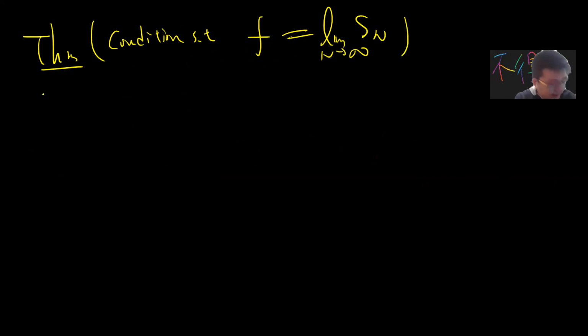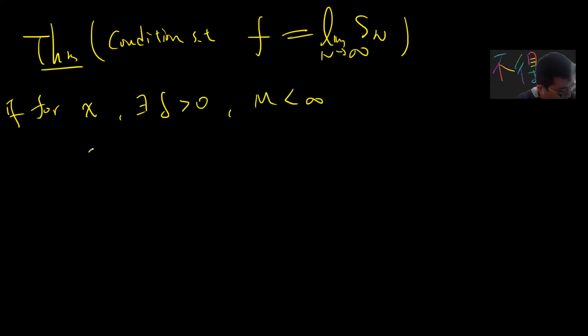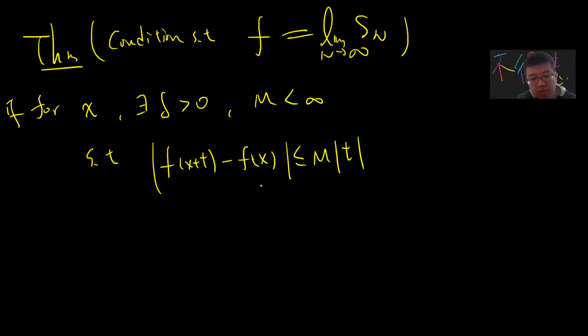If for some x there exist delta greater than 0 and M less than infinity such that |f(x+t) - f(x)| is less than or equal to M|t| for all t in minus delta to delta, this is somewhat like Lipschitz continuity.